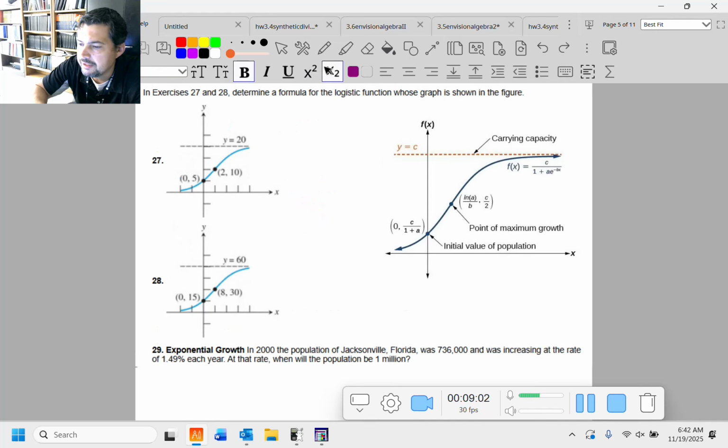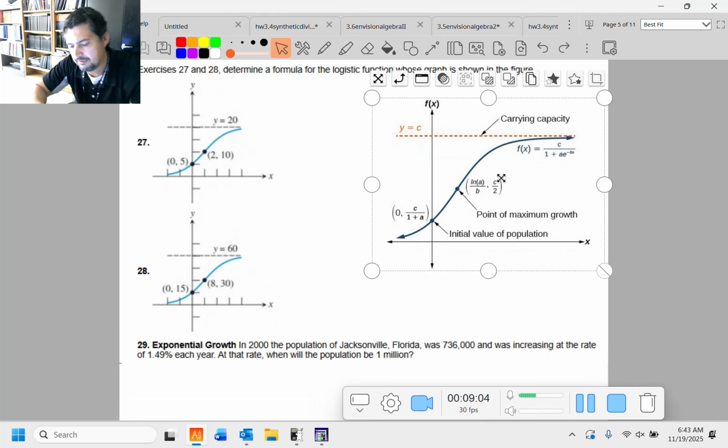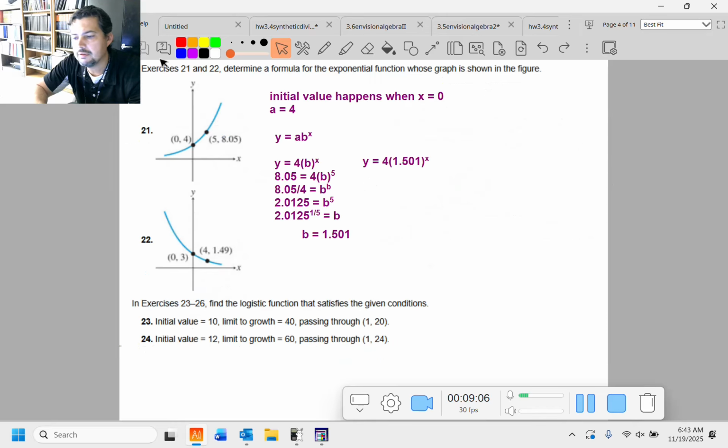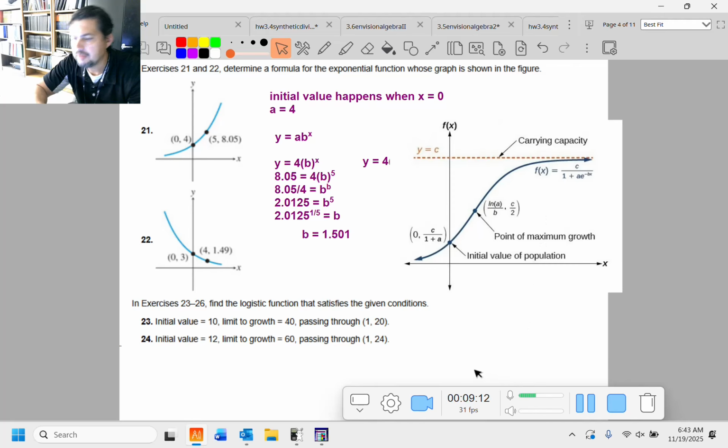So I've got that right here. I'm not going to require you to memorize the logistic function, but it's not a hard thing to do. We have an initial value of 10, and you can see right here that that gives us A, because that's what A is.